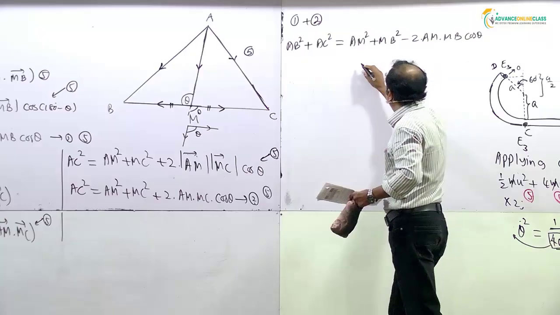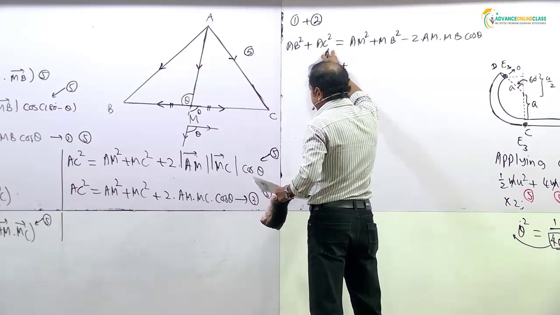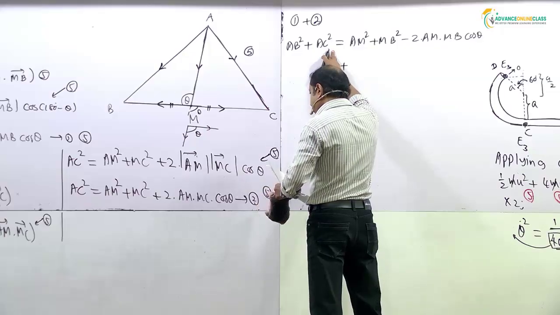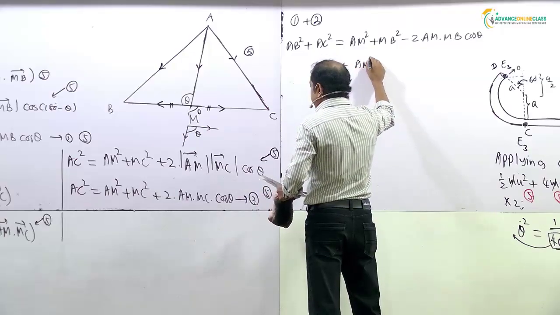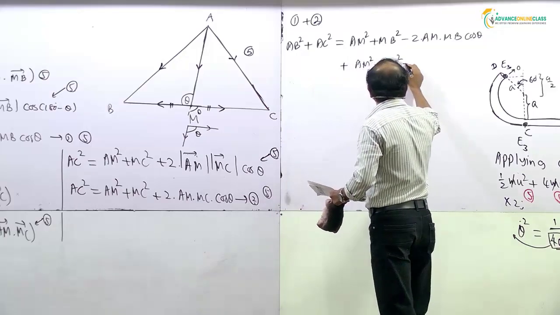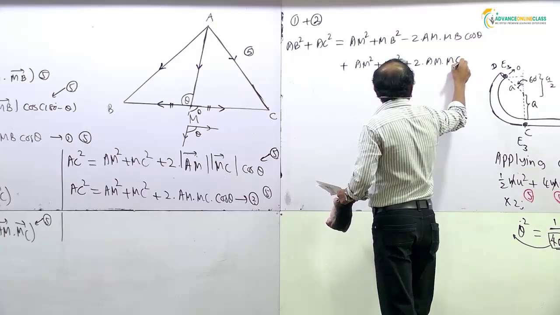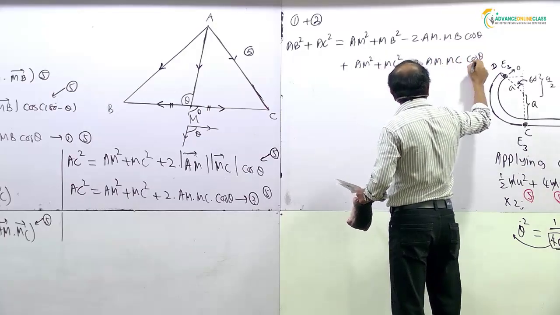To this, we have to add the right hand side of number 2, which is AM squared plus MC squared plus 2 times AM MC cos theta, right?